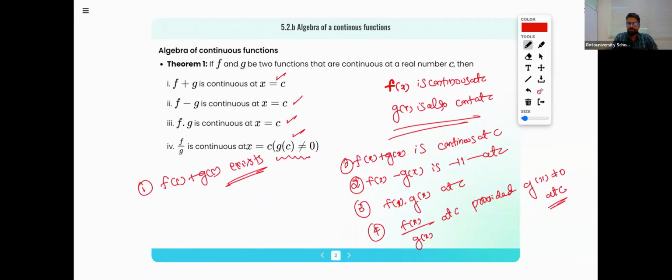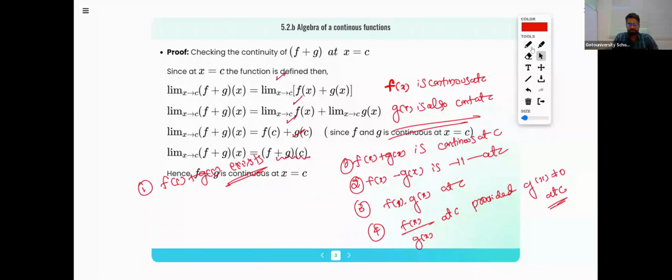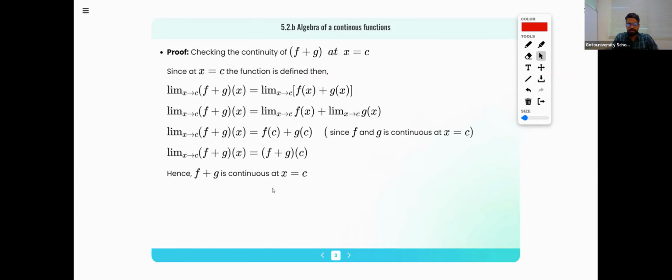Let's take an example to make it easy. Proof of this continuity is explained here. Just have a look at it. Okay. So this is coming from our limits chapter. In the limits, we are discussing algebra of limits. So checking the continuity of f plus g at x is equal to c.